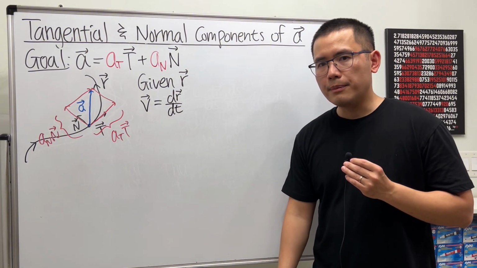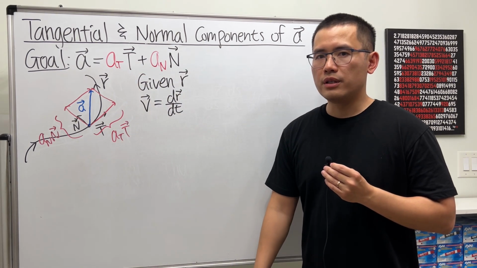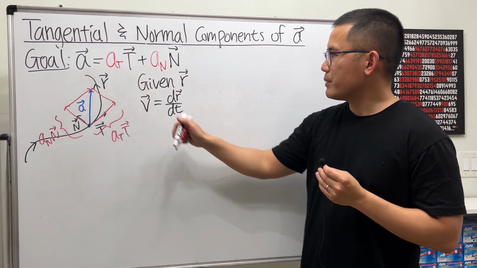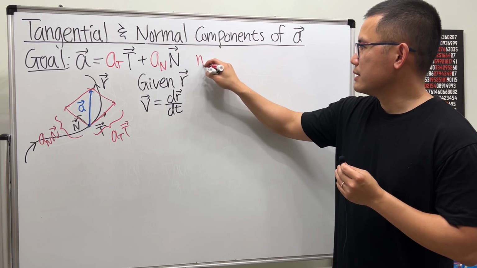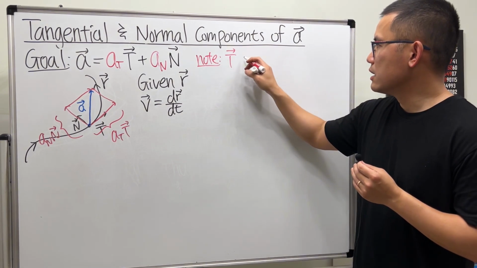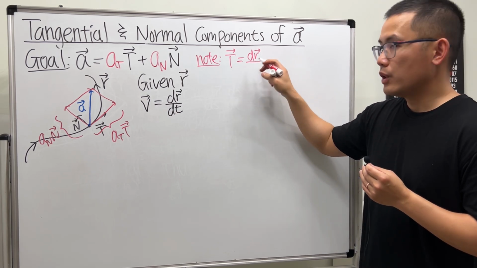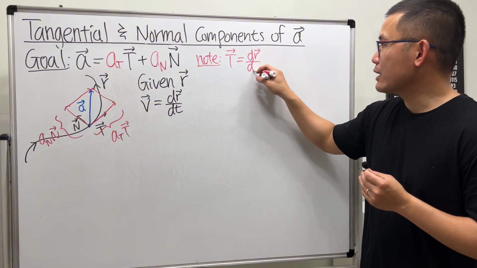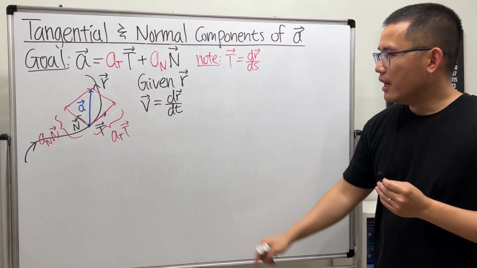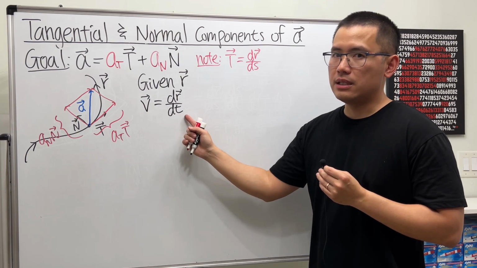Now, we have to think about how we can squeeze out the capital T, the unit tangent vector. Remember, for the unit tangent vector, the definition of that is dr, but you take the derivative of this with respect to s. Here we have dr already, but this is unfortunately with respect to dt, right?